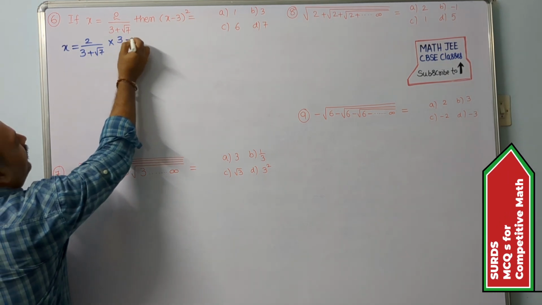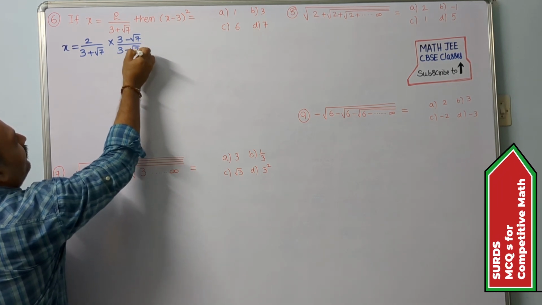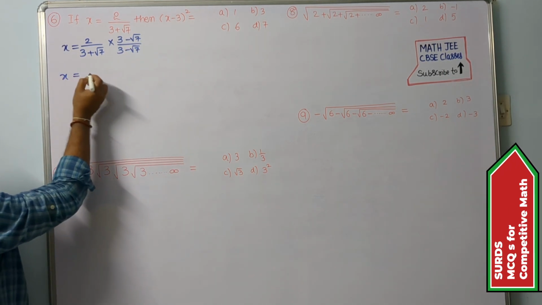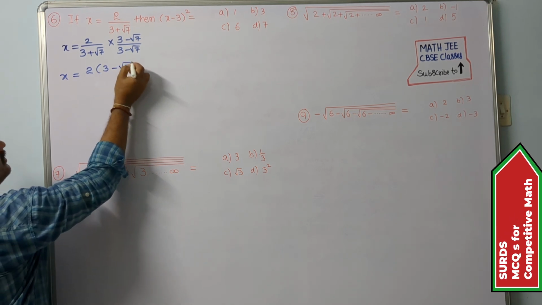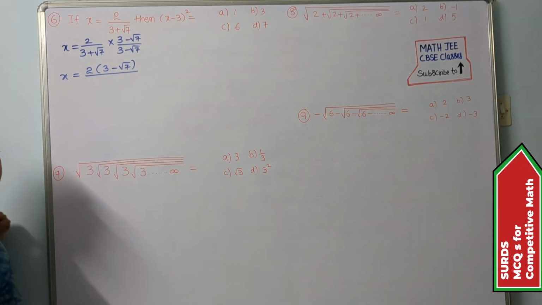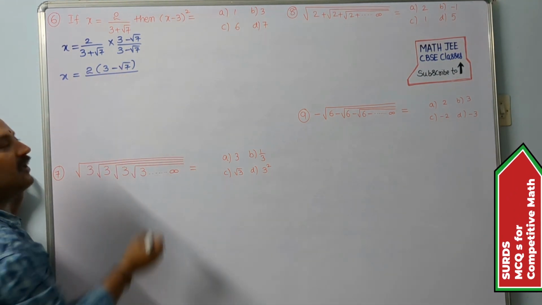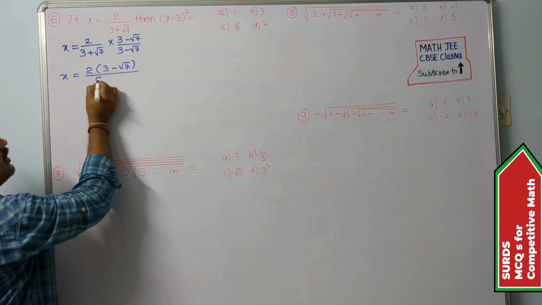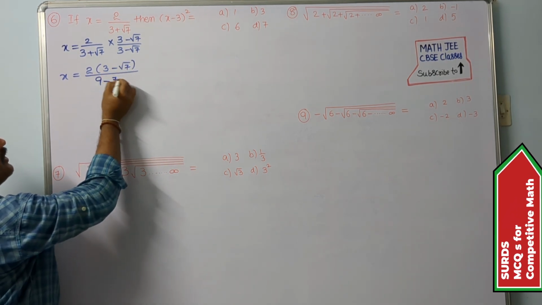Multiplying and dividing by 3 minus root 7, it becomes x equal to 2 into (3 minus root 7) divided by the denominator (a plus b) into (a minus b), which is a square minus b square, that means 3 square minus (root 7) whole square.